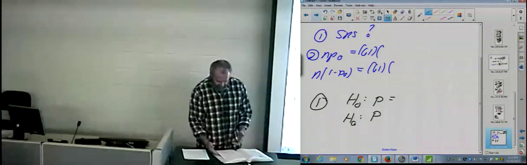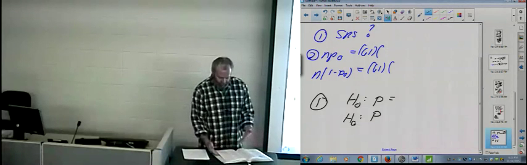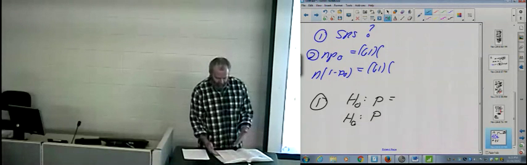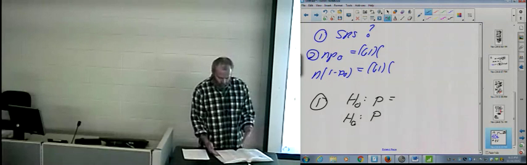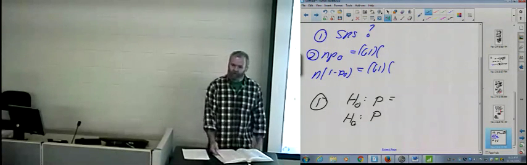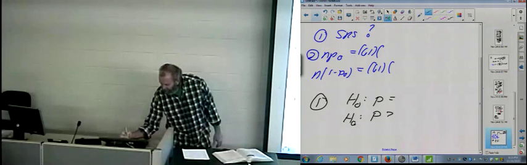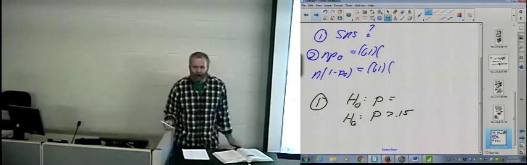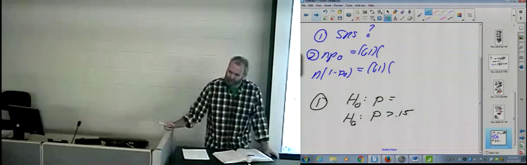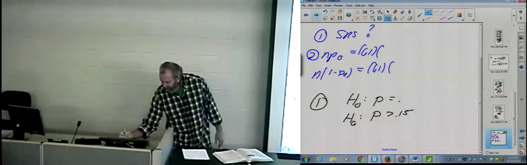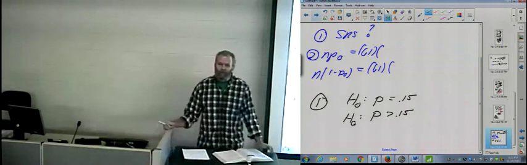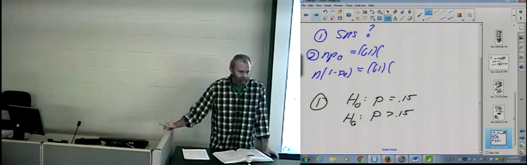The question says, is this evidence that the proportion of students who would score a 5 on the AP statistics exam when taught by the teacher in Worcester using cash incentives is higher than the worldwide proportion of 0.15? The alternative is, what you're looking for evidence is that p is greater than 0.15. That means the null is p equal to 0.15.